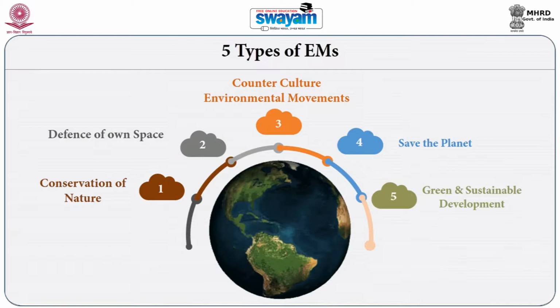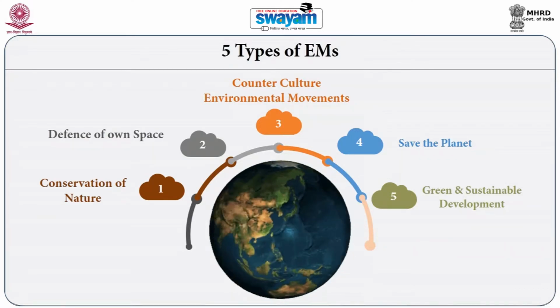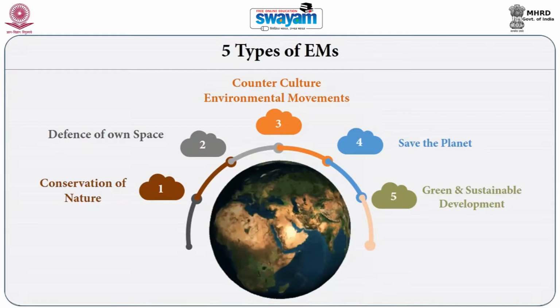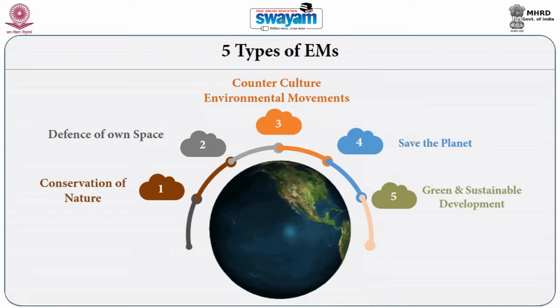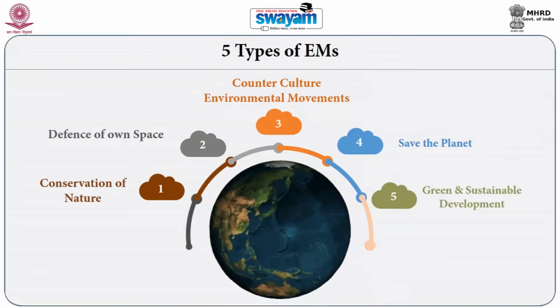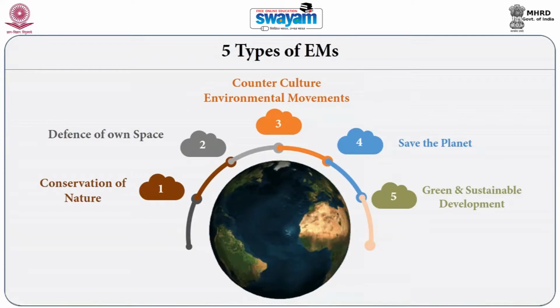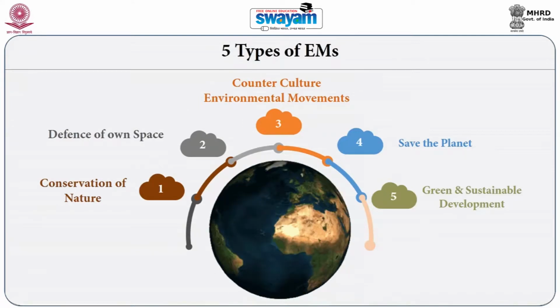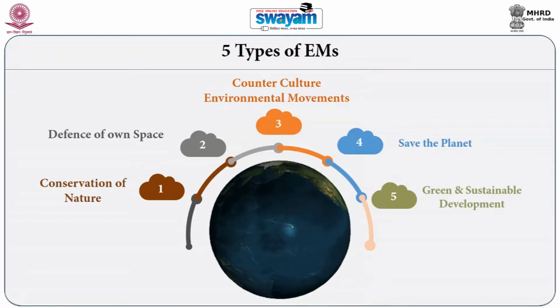The 5 different types of movement that Castells identifies are conservation of nature, second, defense of own space, third, counterculture environmental movement, fourth, save the planet, and the fifth one is green and sustainable development. Let me again clarify that, as I just discussed, environmental movements are not necessarily protest against something.